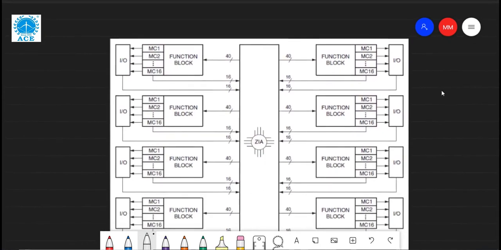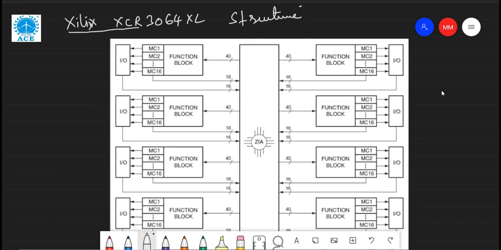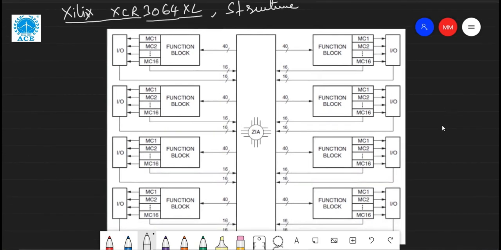This is the Xilinx XCR3064XL structure or architecture, from the manufacturer Xilinx. So this is the architecture of this one. Let us see the functionality of this one, right?